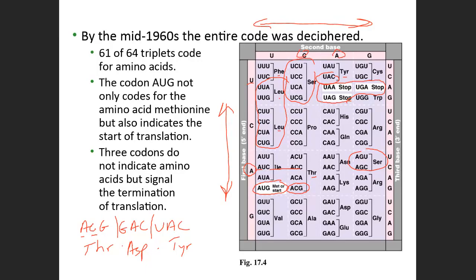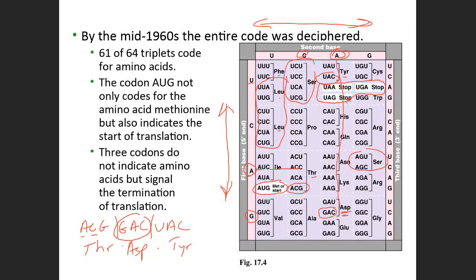Can you please go over it again one more time? So for the GAC, for example, your first letter, the first base, the first nucleotide, you find here on the left-hand side. Here's G. A, you go across the top. Here's A. And then you come down and find GAC, and that codes for aspartic acid, ASP.